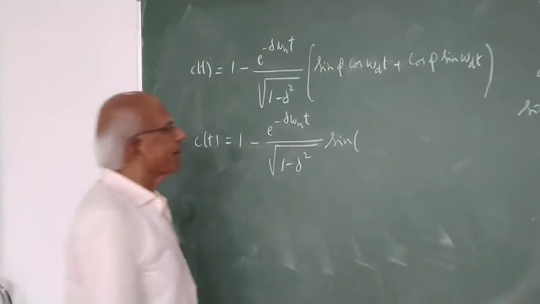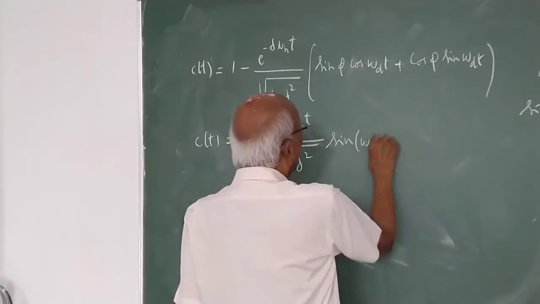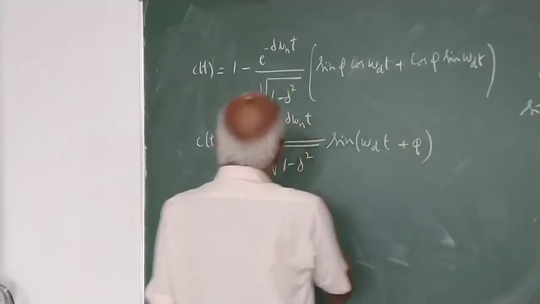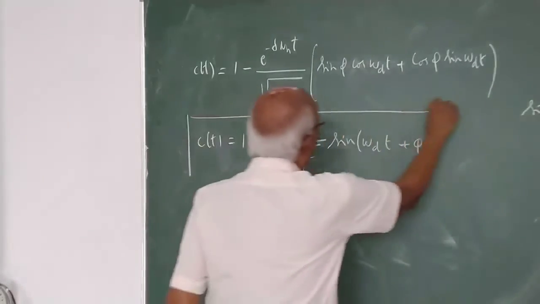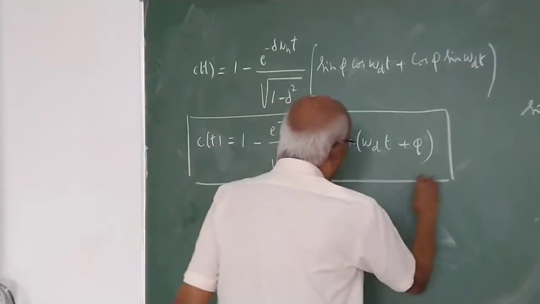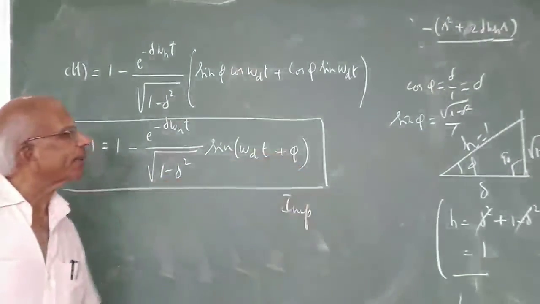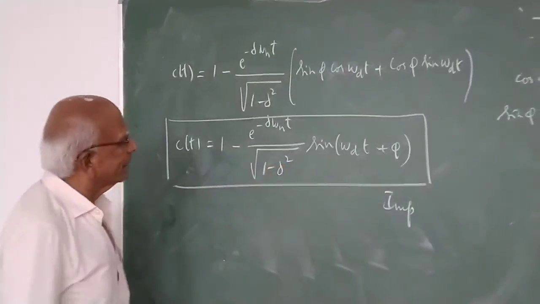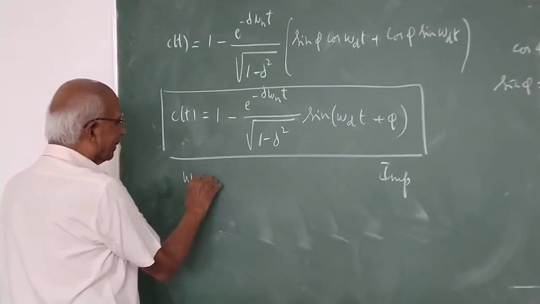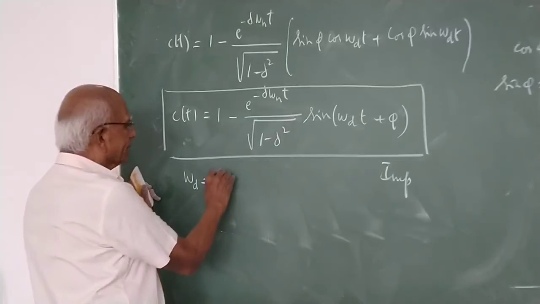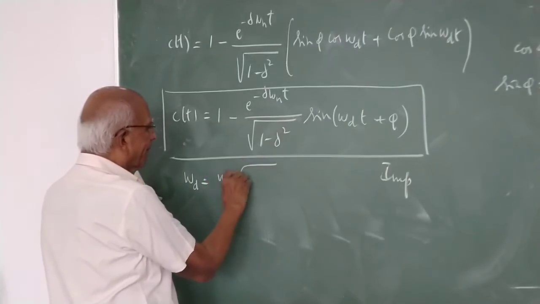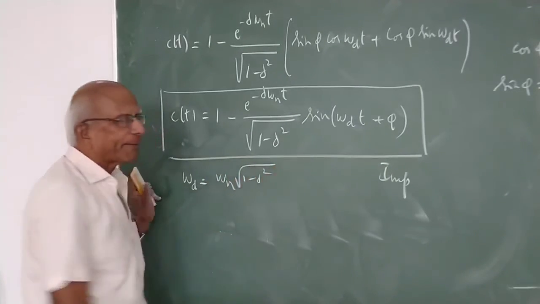Not phi plus something. It is omega d t plus phi. Very important, therefore, block this. With voltage also the answer is in volts, it is for newtons. So what is omega d? For sake of writing the full expression, this is omega n root of 1 minus delta square, damped frequency.